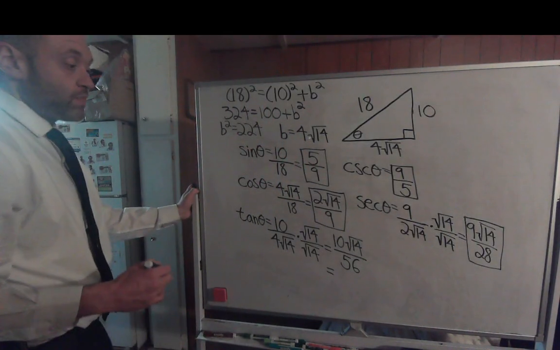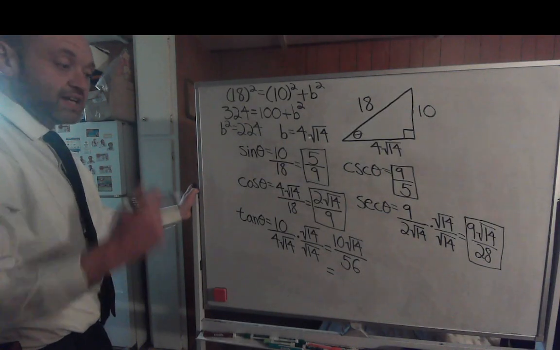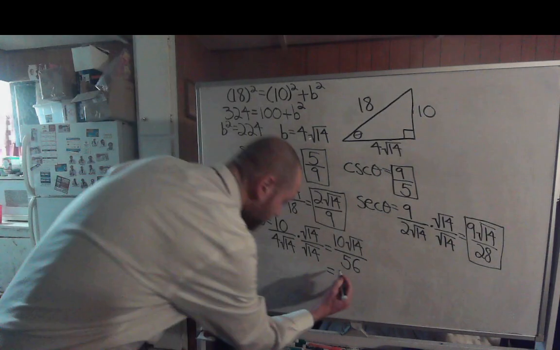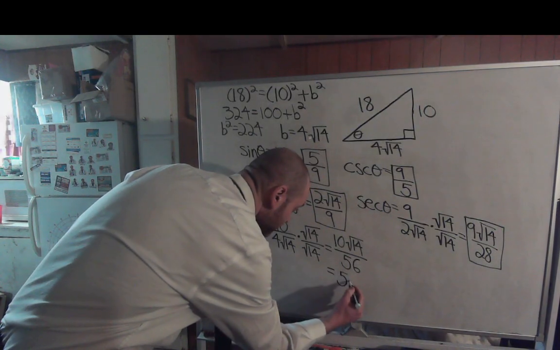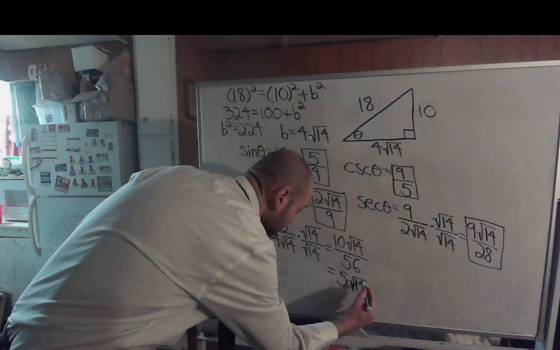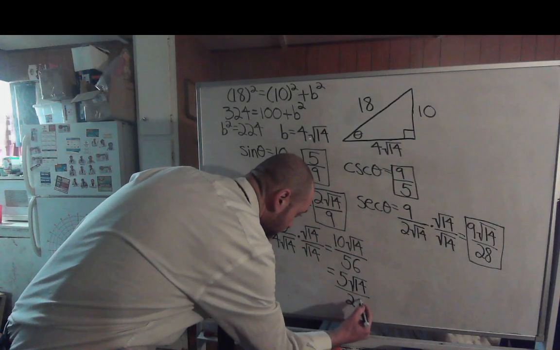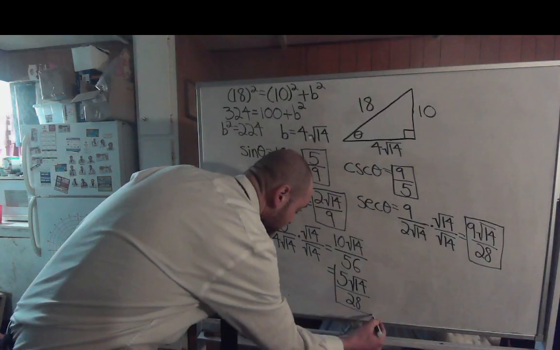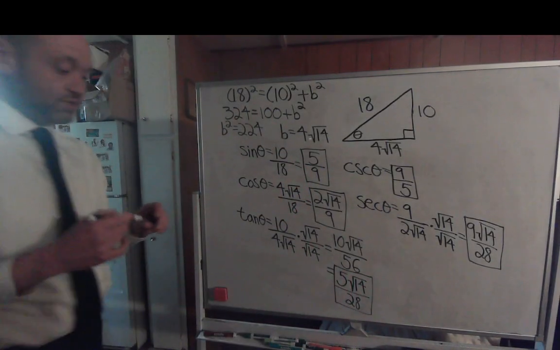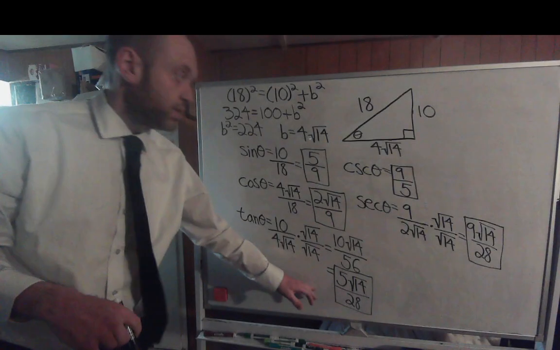Well, okay, so the 10 and 56 will break down further into 5 times the square root of 14 all over 28. So the tangent of theta would be 5 times the square root of 14 all over 28.